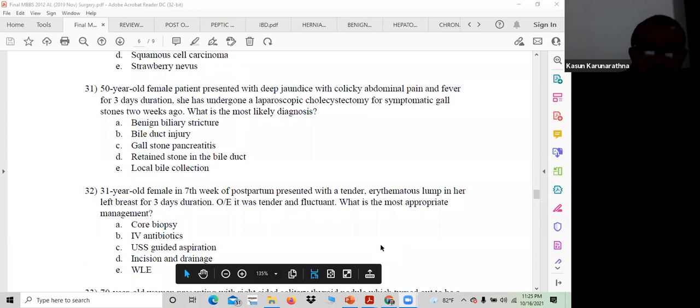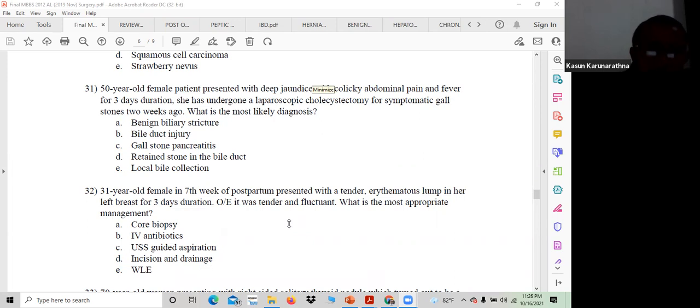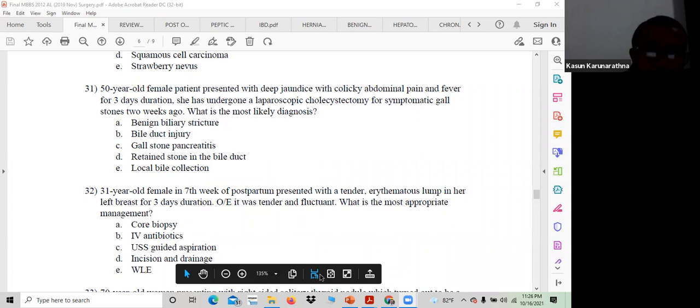What is the answer? Most of your answers are benign biliary stricture. Why did you choose stricture?